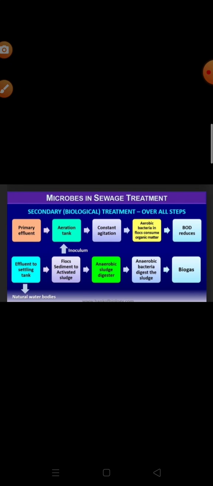The effluent from the settling tank either goes directly to natural water bodies, or else it goes to flocs where they sediment and form the activated sludge, and through the anaerobic sludge digester the anaerobic bacteria digest the sludge and release different types of gases which is known as the biogas. You have to make out this sewage treatment.